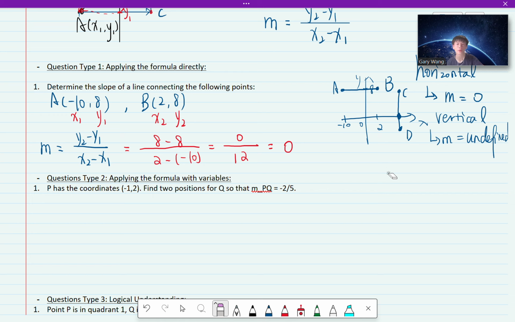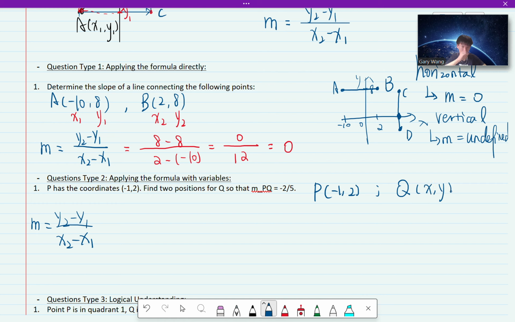First, we still make sure that we grasp the formula. The slope formula is m equals (y2 minus y1) over (x2 minus x1). So let's say the coordinates of P are (-1, 2), and the coordinates of Q are A and B, just to clarify things a little bit.